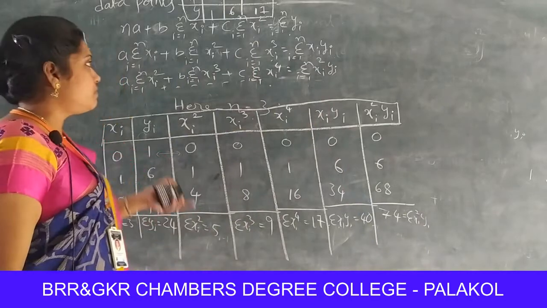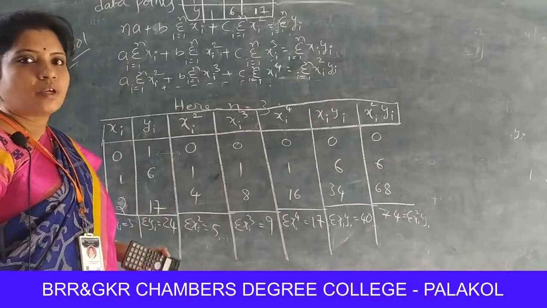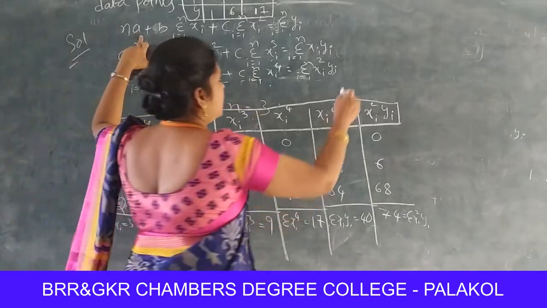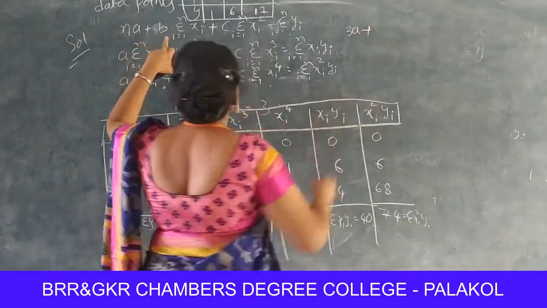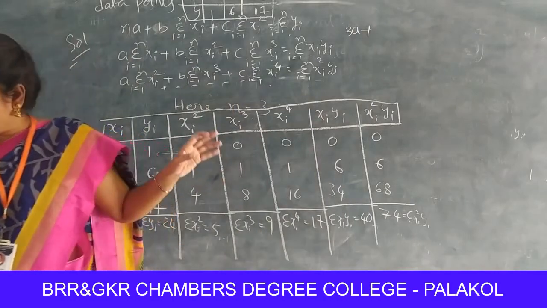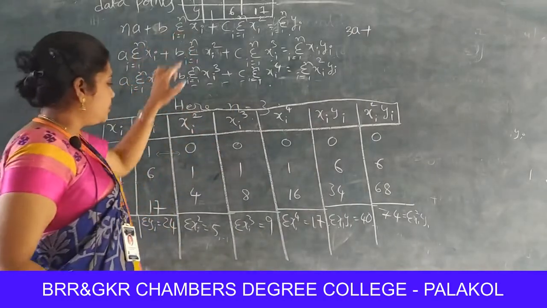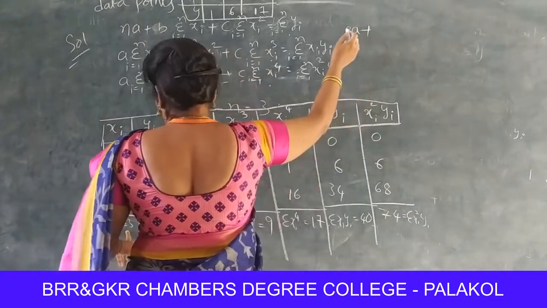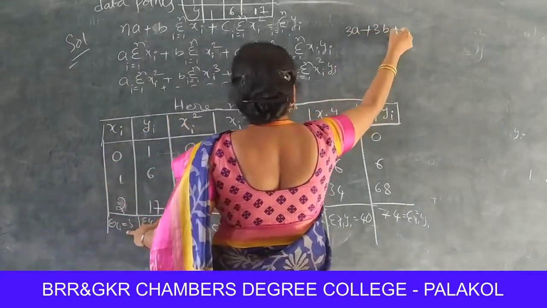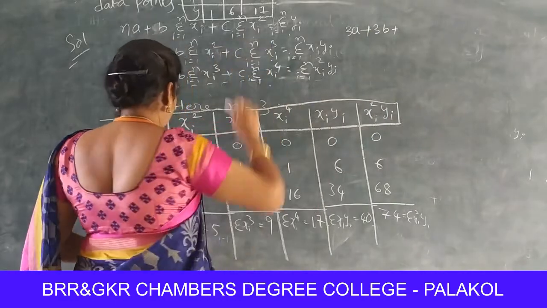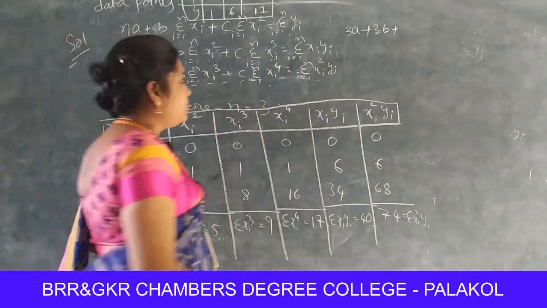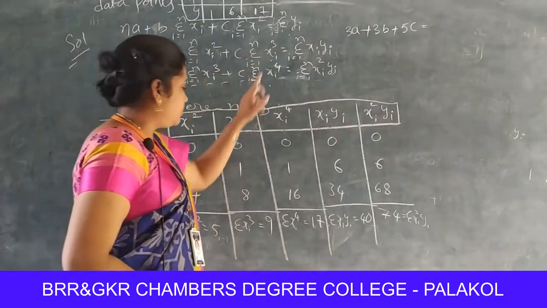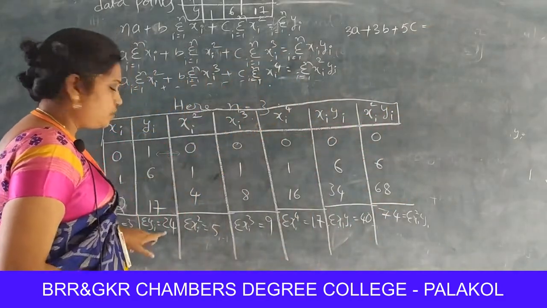So, substitute all these values in the normal equations. We get NA, here N is 3, so 3A plus B into sigma xi, which is 3, so 3B, plus C into sigma xi square, which is 5, so 5C, is equal to sigma yi, which is 24.